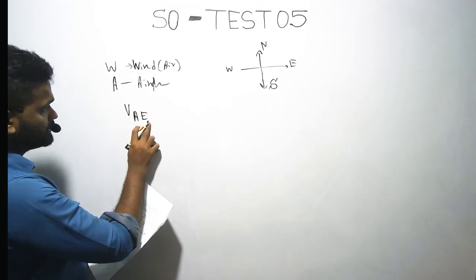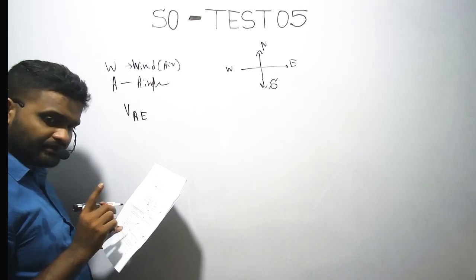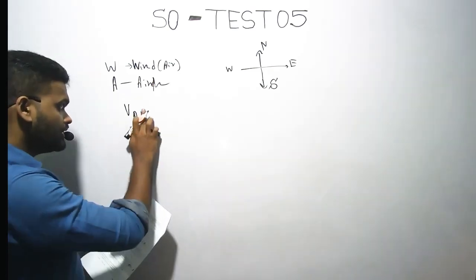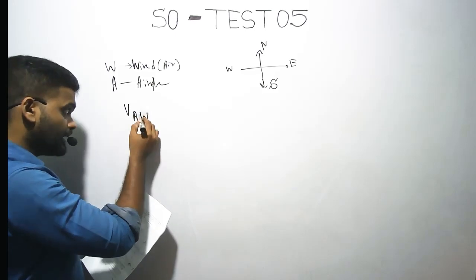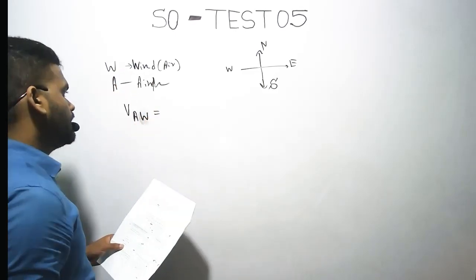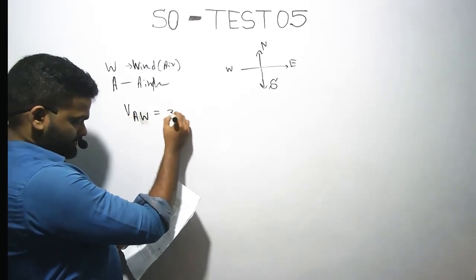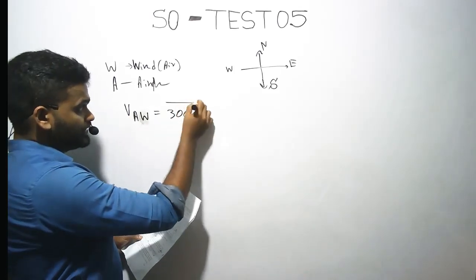In still air means, whenever they say in still air, that means relative to air. Here I put W for air, right? So that is 300 kilometers per hour to east.